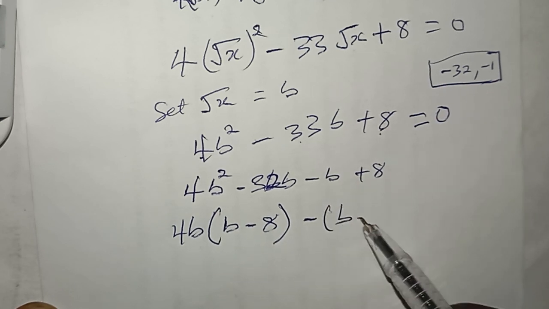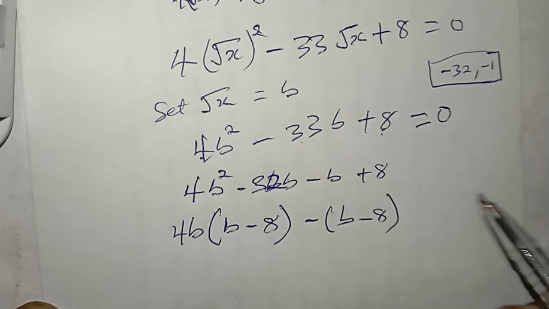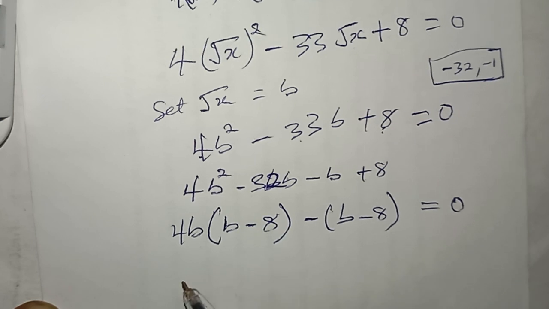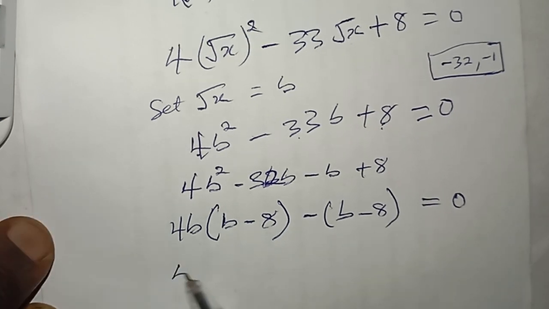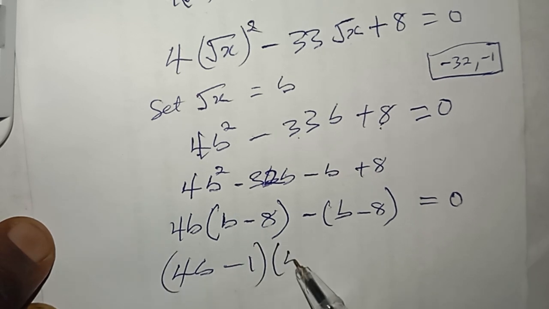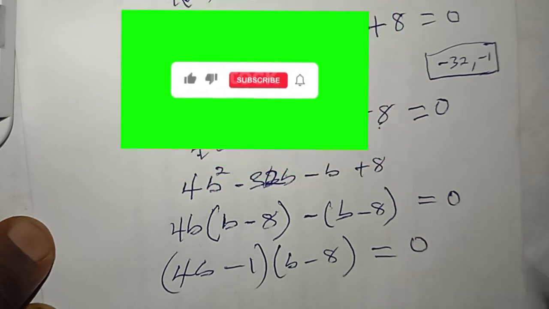This is b minus 8. When the minus goes through, I'm going to have plus 8 over here, so this is equal to 0. So you can see that this now becomes 4b minus 1 times b minus 8 is equal to 0.